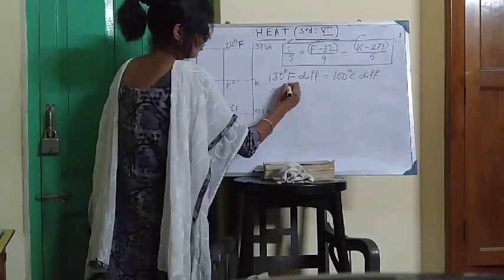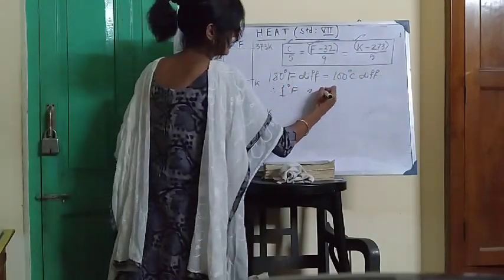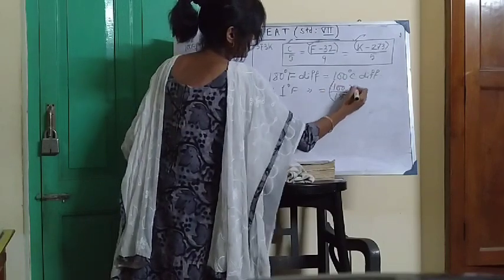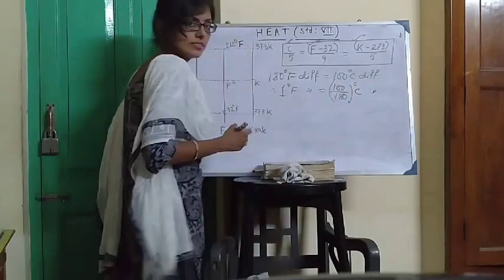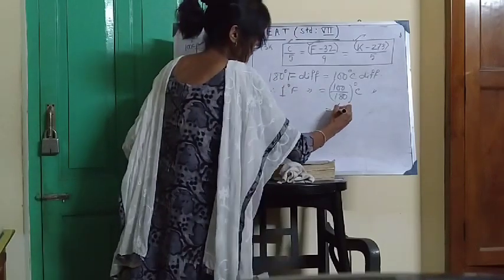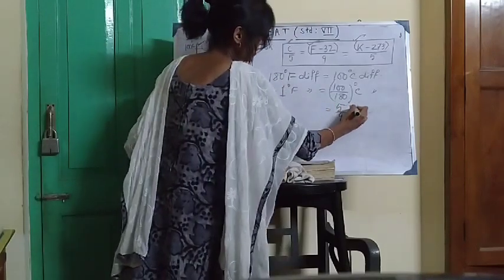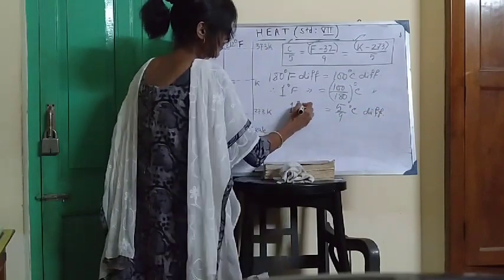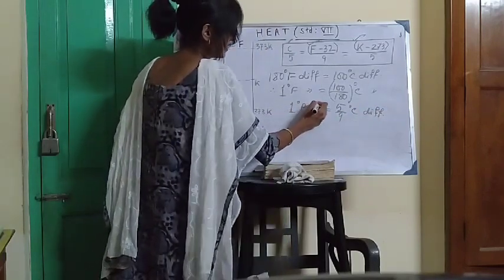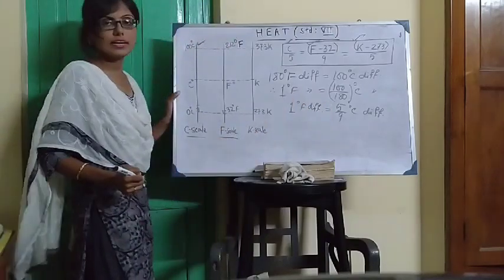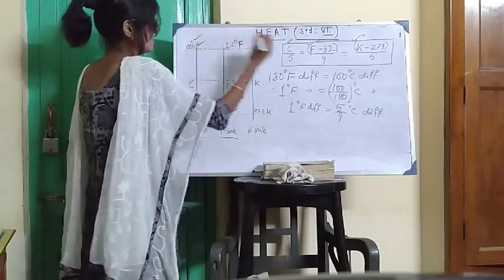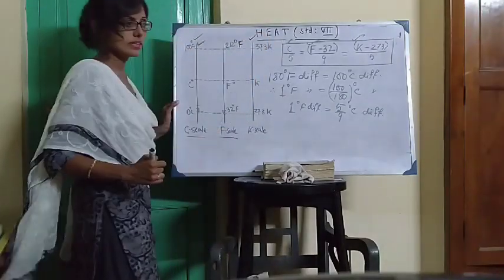Unitary method, 1 degree Fahrenheit difference is equal to 100 by 180 degree Celsius difference. Simplify, 5 by 9 degree Celsius difference. That means 1 degree Fahrenheit difference is equal to 5 by 9 degree Celsius difference. Just reverse it.